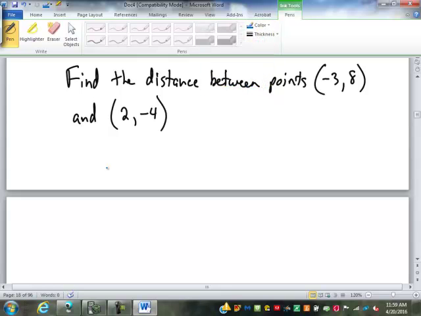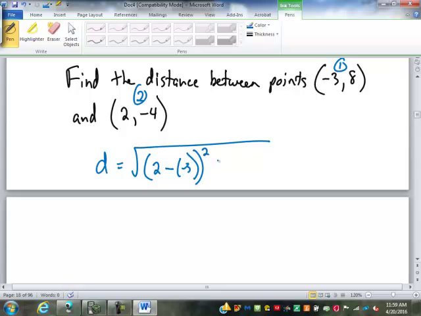So let's give this a shot. That distance will be the square root of. So again, I have to label them points 1 and 2 just to keep them straight. So x2 would be 2 minus x1 is a -3, that'll be squared. Plus y2 is the -4 minus y1 is 8, and that's going to be squared.